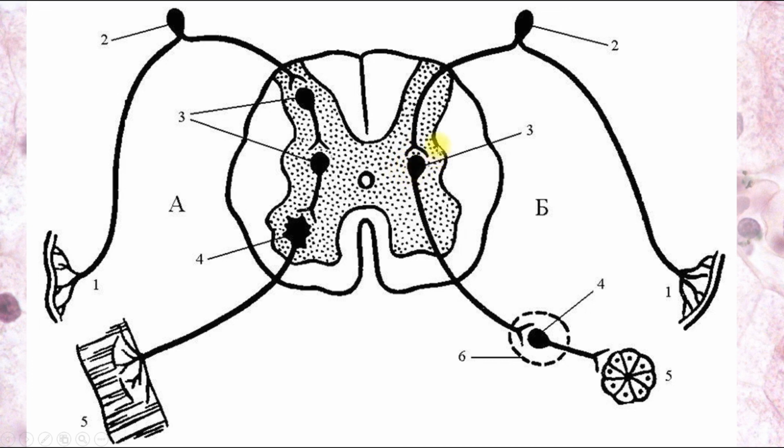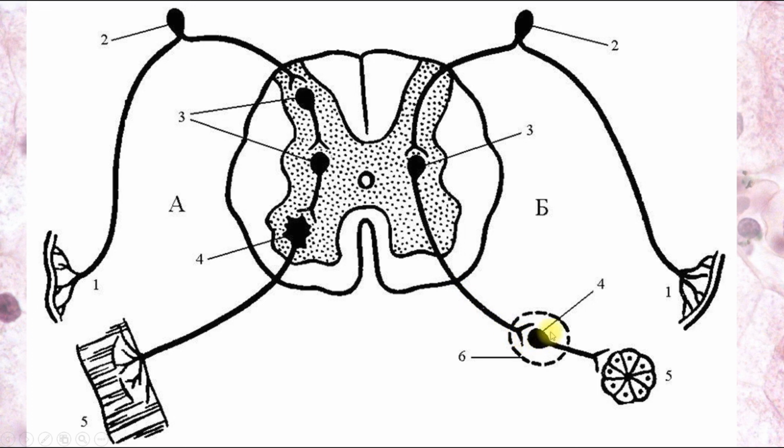They are present in the lateral horns, which belong to autonomic nervous system. And in the lateral horns we have perikaryones of interneurons, and their axons exit via anterior roots together with axons of motor neurons. So here we have interneurons, and they form preganglionic fibers.